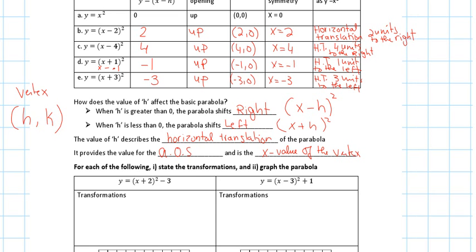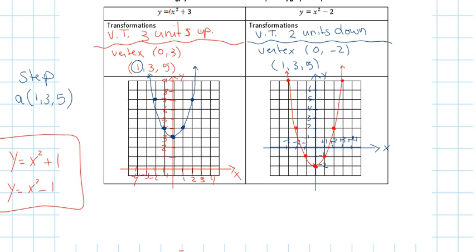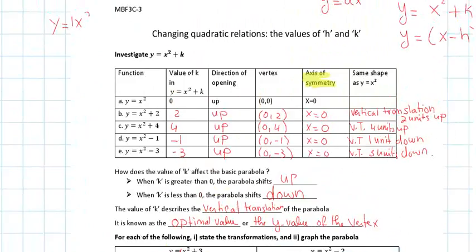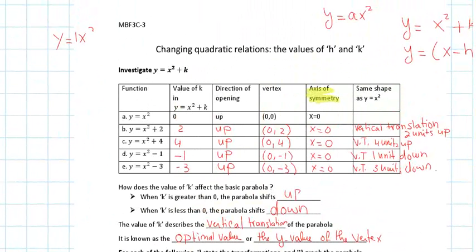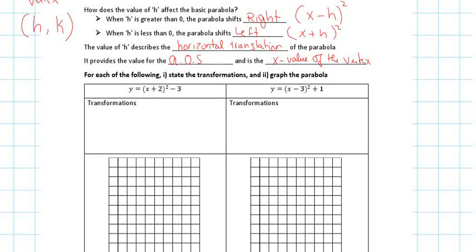You guys have to put it together right now. We learned on this page that the k value affects the y of the vertex, and we just learned that the h value affects the x of the vertex.